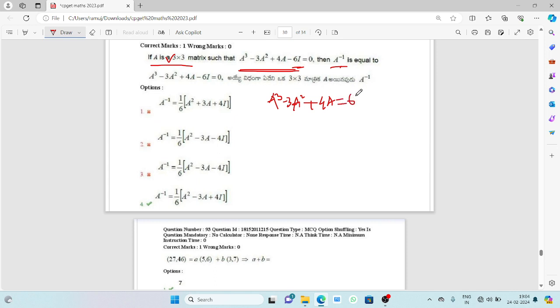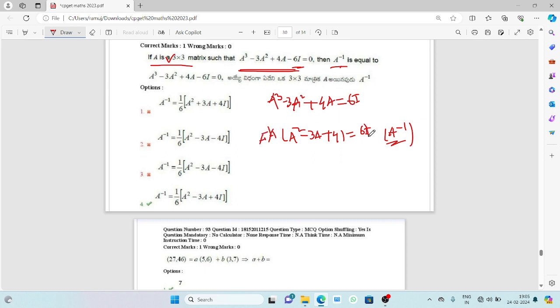I will get 6I. So I am just taking A as common because A is there in each term. I will get A times (A square minus 3A plus 4) equals 6I. Now I multiply both sides by A inverse.